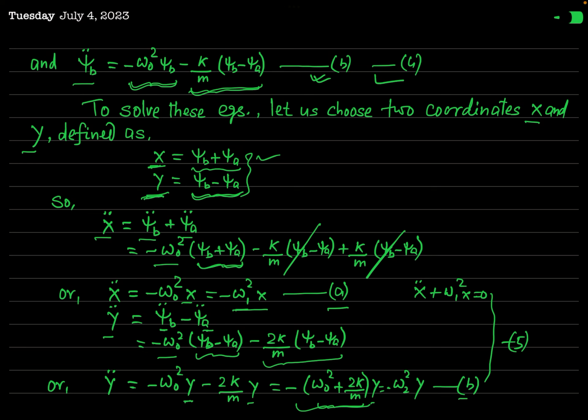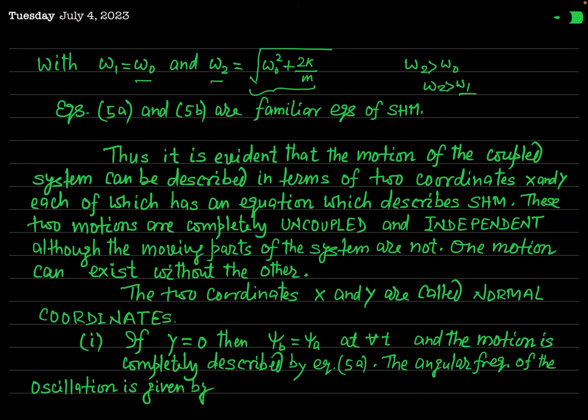Because in terms of the coordinates X and Y, we get the equation of motion of simple harmonic motion. Okay. So I have written it here, you can see, thus it is evident that motion of the coupled system can be described in terms of two coordinates X and Y, each of which has an equation which describes simple harmonic motion.